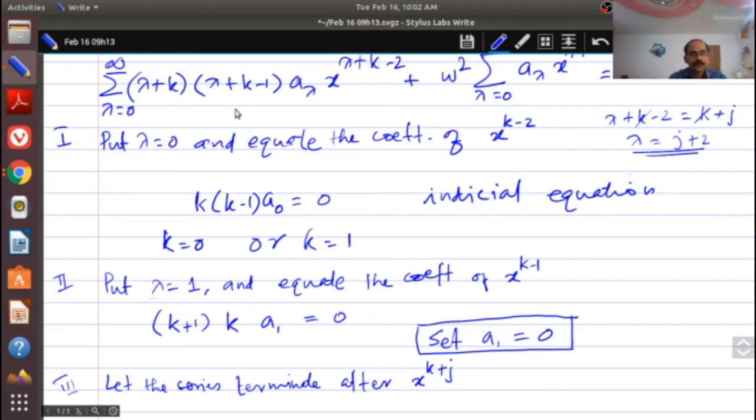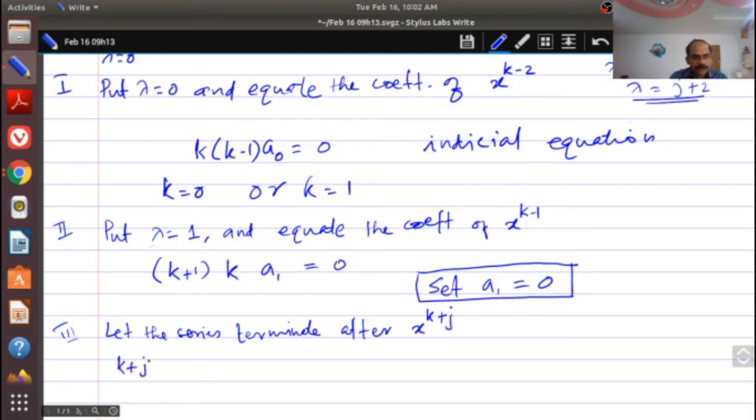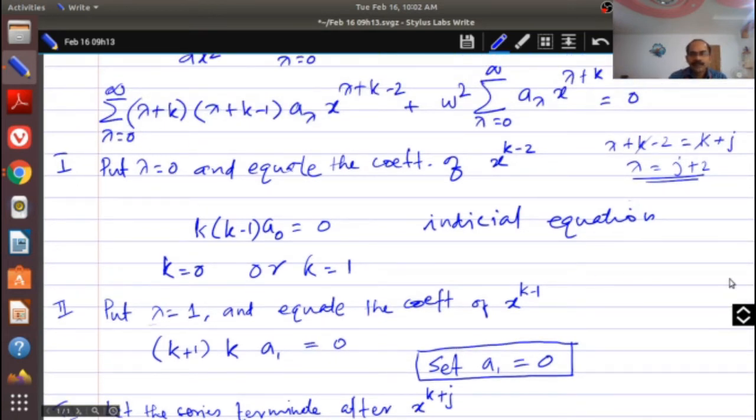So what is that? Put lambda is equal to j plus 2. Let me write it. The first term will be lambda plus k, into lambda plus k minus 1. I can say this as k plus j plus 2 into k plus j plus 1, because lambda is j plus 2, so it will be k plus j plus 2, and lambda minus 1 is j plus 1, so it will be k plus j plus 1.